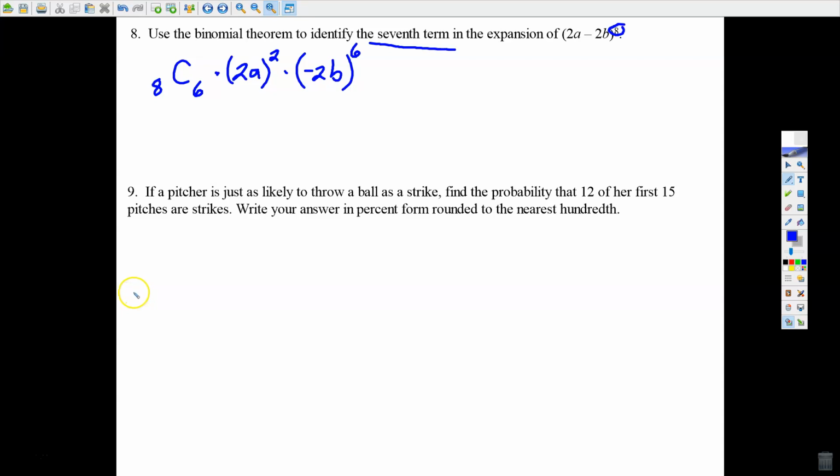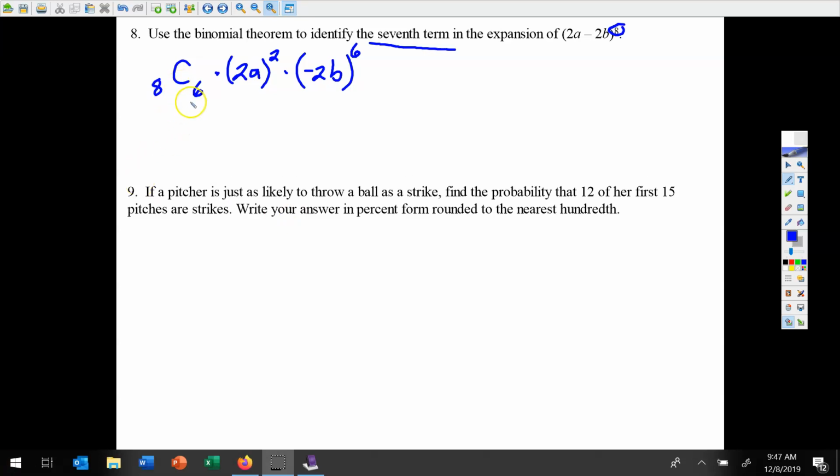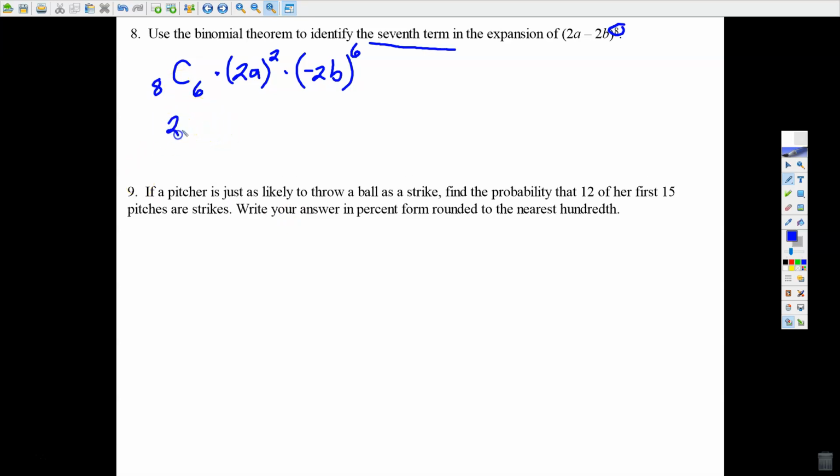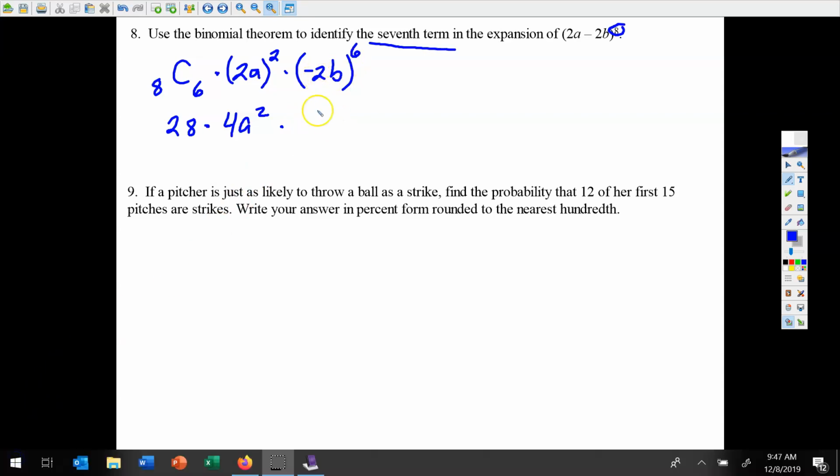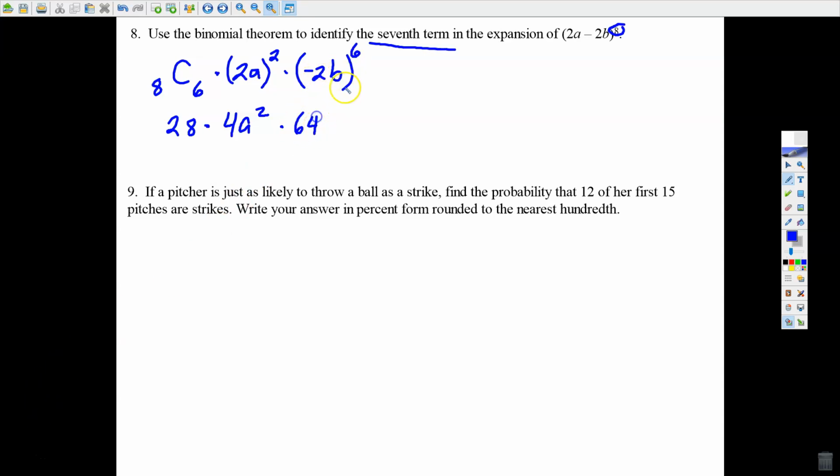All right, and now we grab our calculator and we do 8c6. So on your calculator, when you do 8c6, that should be 28. Then when you raise 2a to the second power, that's 4a squared. When you raise negative 2 to the sixth, negative 2 to the sixth is 64, and then b to the sixth.